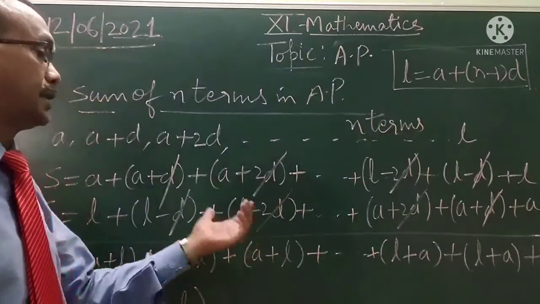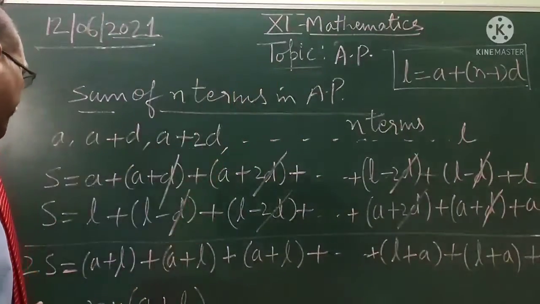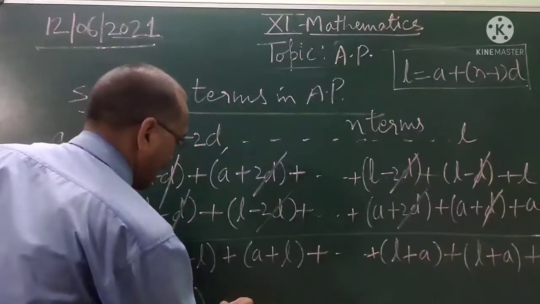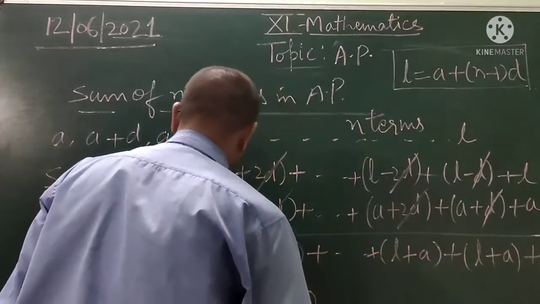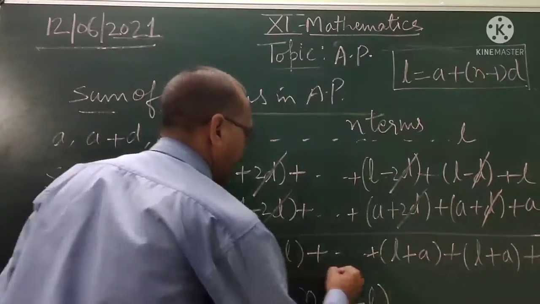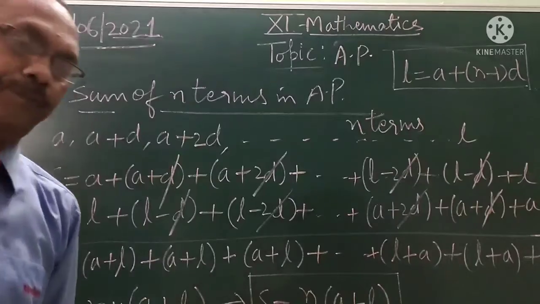They are not 6. They are n terms. Therefore, 2S equal to n into (a plus L). And if we find S, so S equal to n by 2 (a plus L). This is the formula of the sum of n terms of an AP.